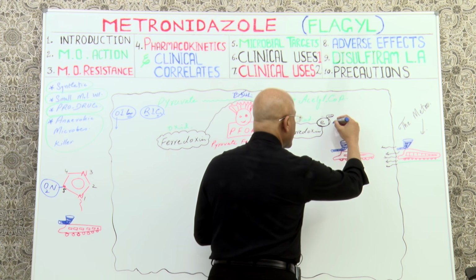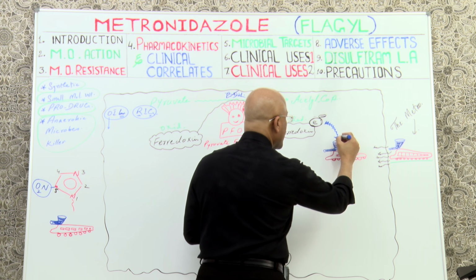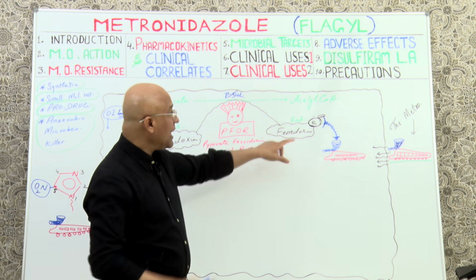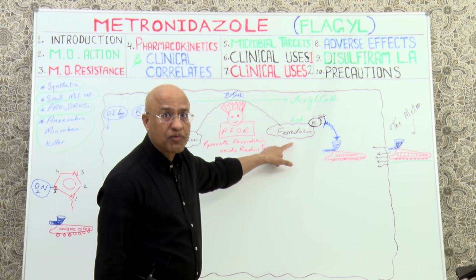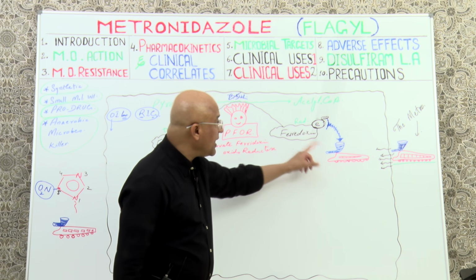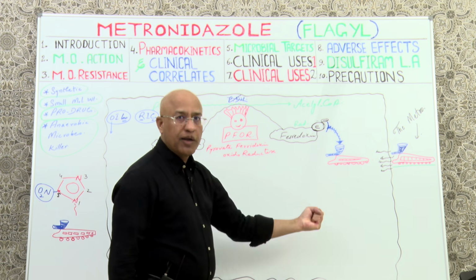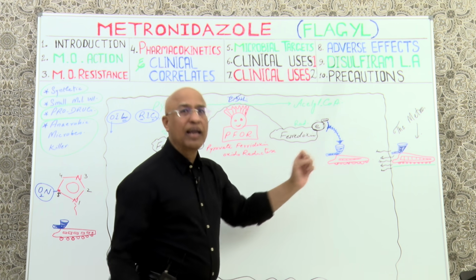This point is very, very important: from electron-loaded ferredoxin, we can also call it reduced ferredoxin, metronidazole will interact with ferredoxin and snatch away its electron.